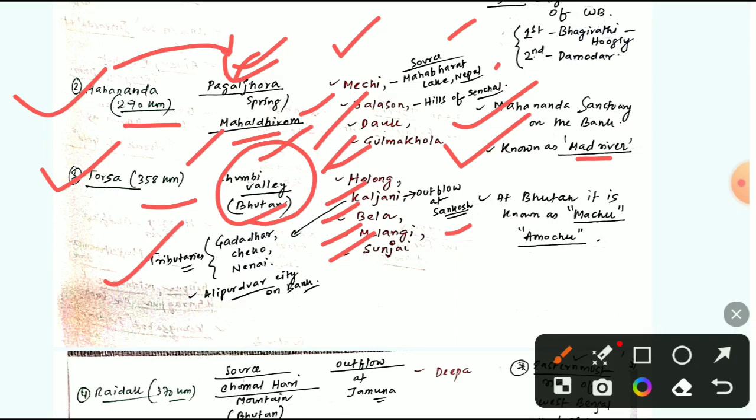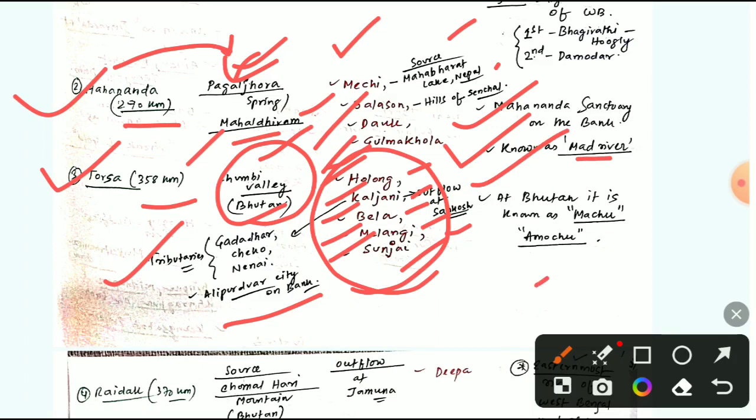So three tributaries of Kaljani I have also written: Gadadhar, Cheko, and Nanai. And Alipurduar city is on the bank. So five tributaries of Torsha, that is Holong, Kaljani, Bela, Melangi, and Sunjai. In Bhutan, it is known as Machu or Amachu.